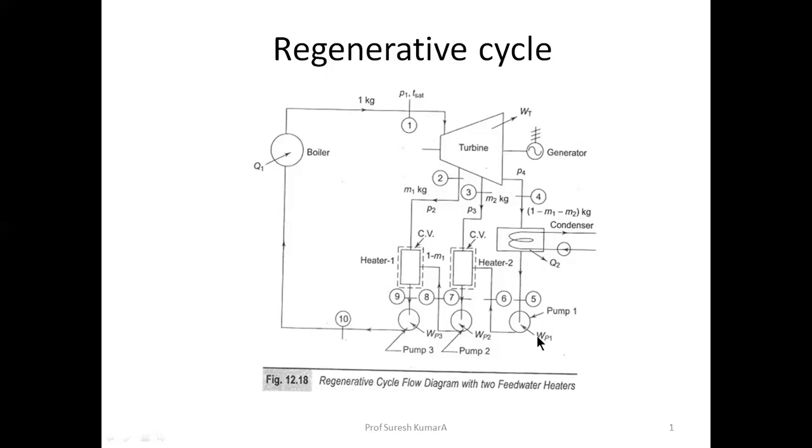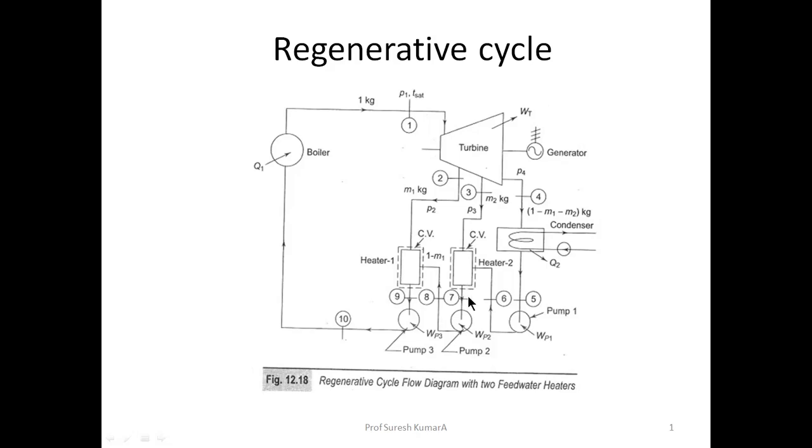Here the mass handled by pump 1 is 1 minus M1 minus M2. It goes to the feed water heater 2, in which M2 kg combines, so that at the outlet we have 1 minus M1 kg of the feed water heated. See here in the heater what happens? The steam just heats up the water coming from the pump, so that the temperature is increased.